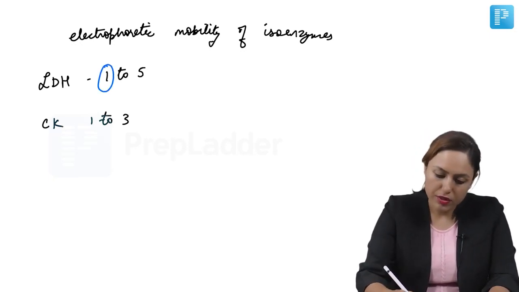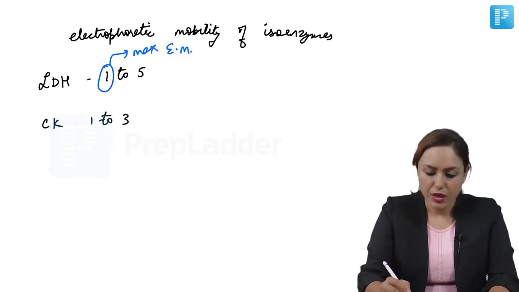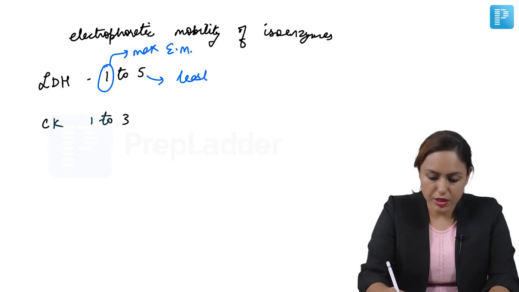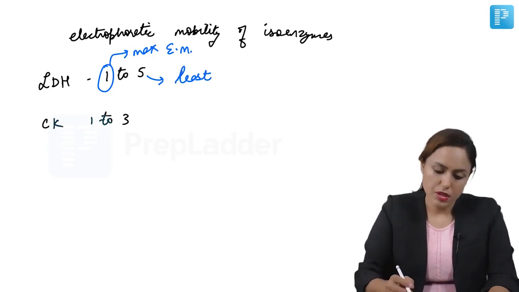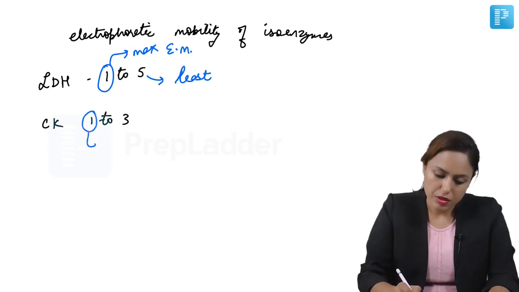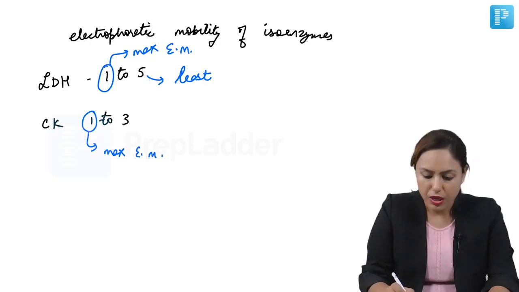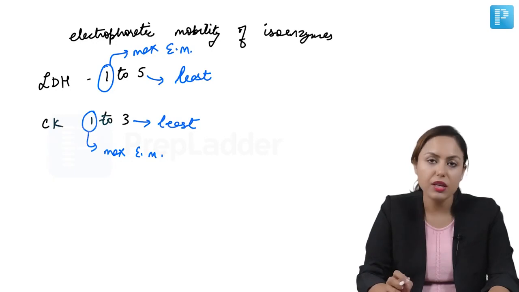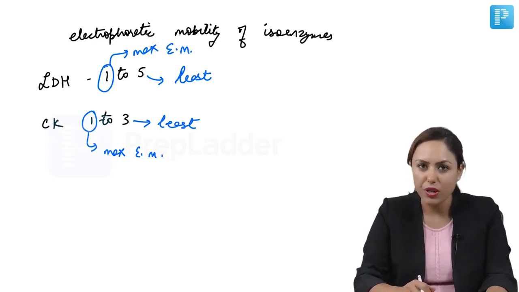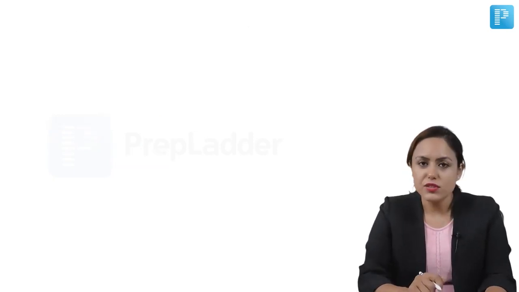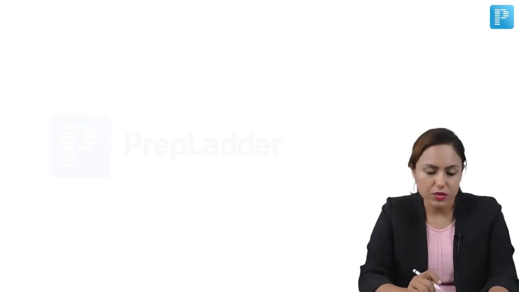So always number 1 has maximum electrophoretic mobility and the last number has least electrophoretic mobility. So in CK, number 1 will have maximum electrophoretic mobility and number 3 will have least electrophoretic mobility, right?